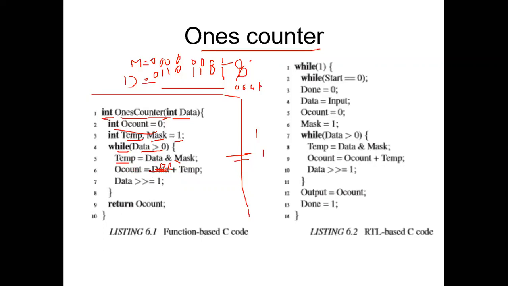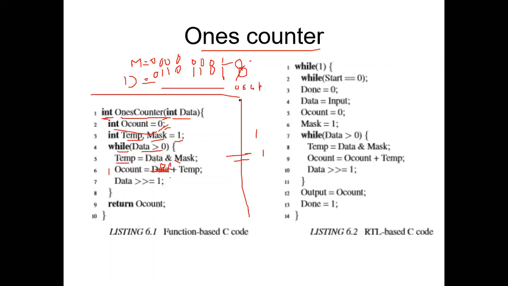Initially output count was 0, so 0 plus 1 will be stored to output count. After this first step, the output count becomes 1. Right now output count is 1.